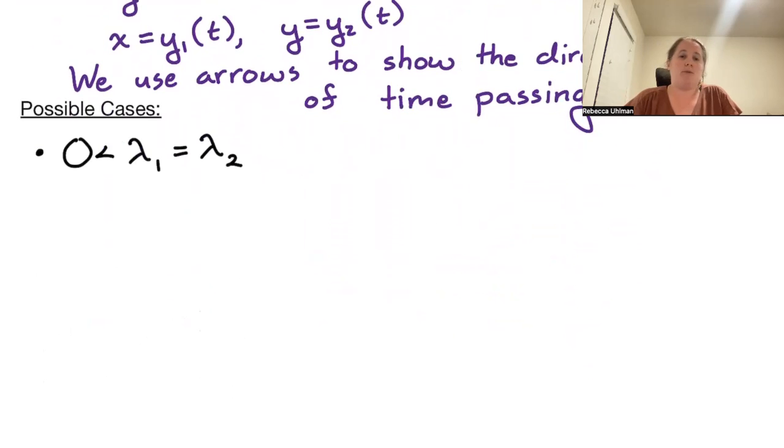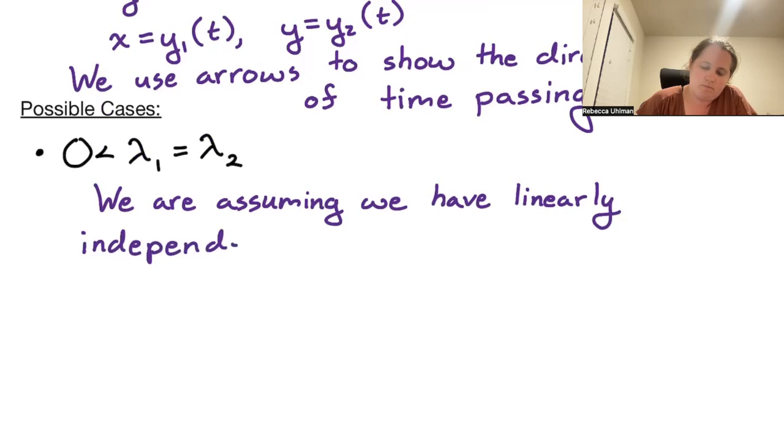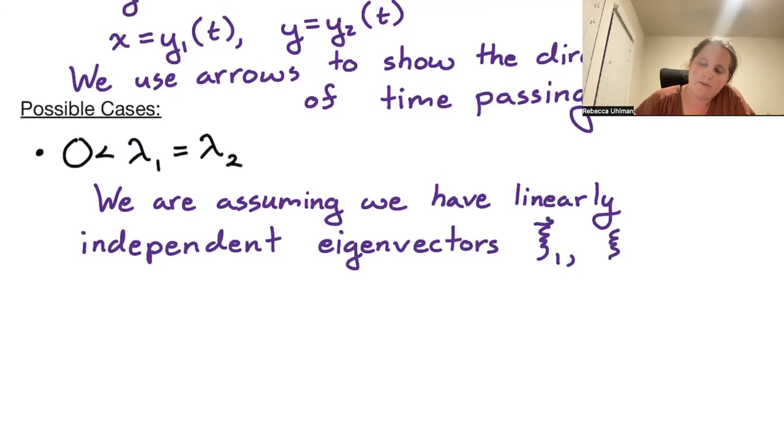So if we have lambda 1 equals lambda 2, both positive, again, we are still assuming we have linearly independent eigenvectors xi1 and xi2.